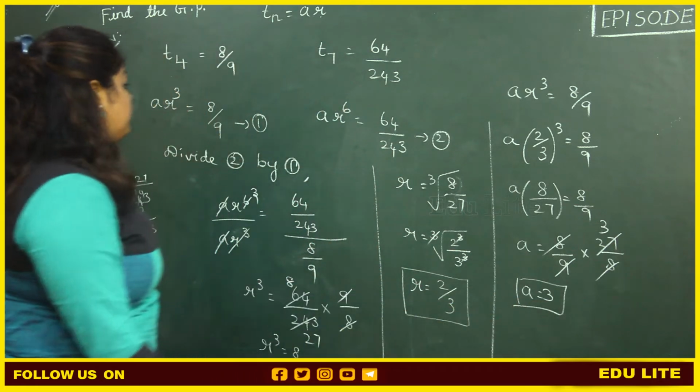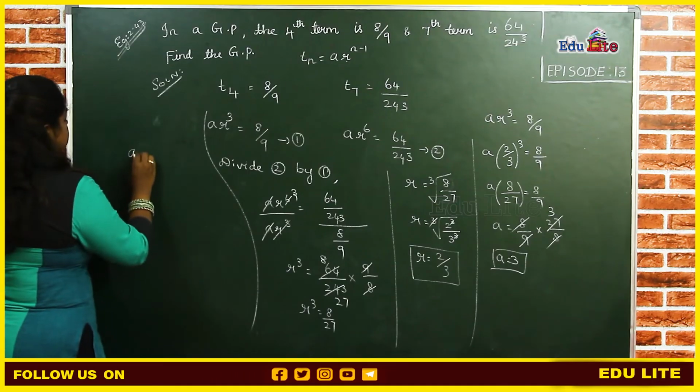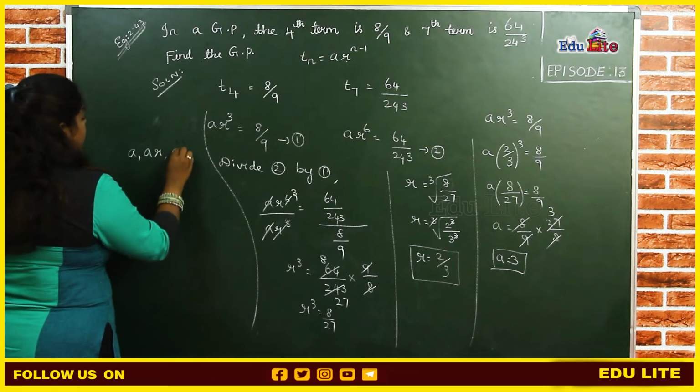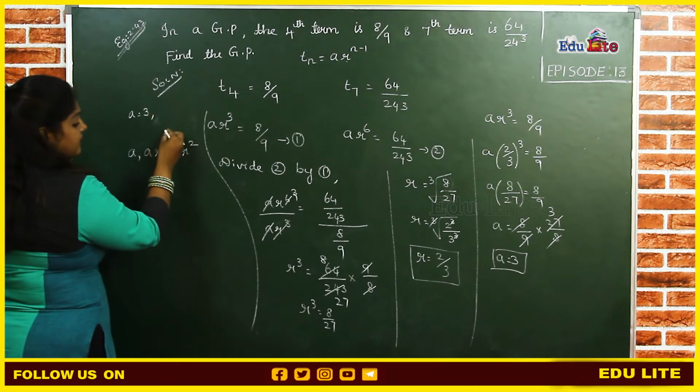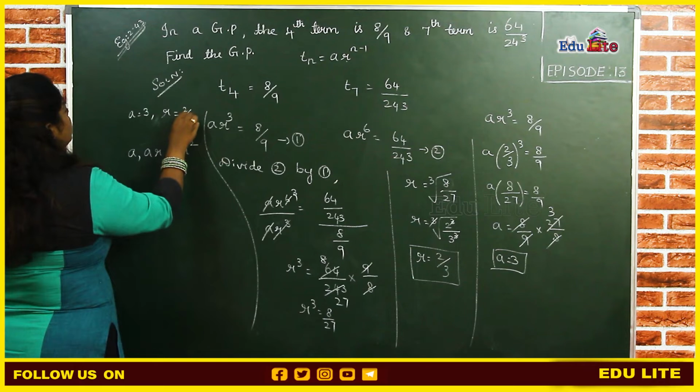With this, we can frame a GP. The sequence of a GP is a, a r, a r square. The value of a is 3 that we found, and the value of r is 2 by 3.